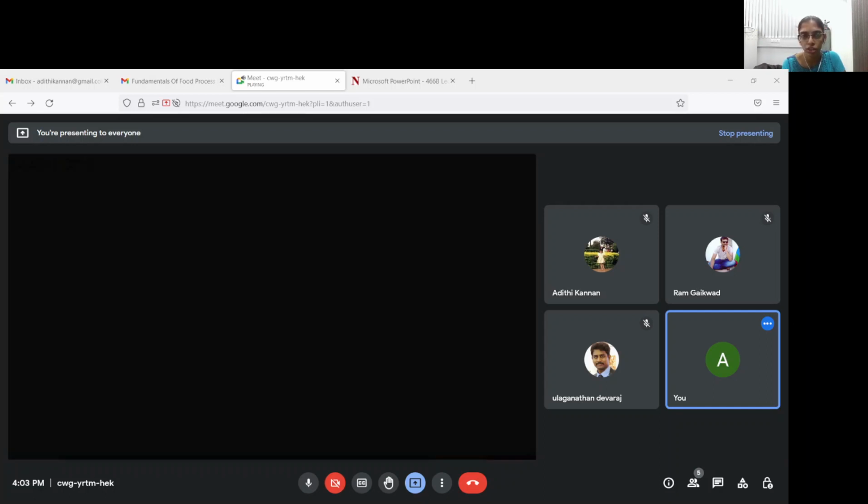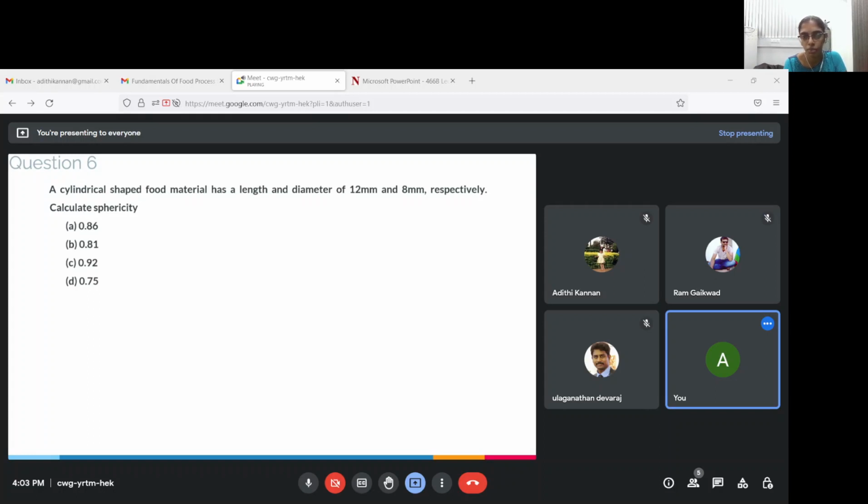So moving on to the next question. The same dimensions: the cylindrical shaped food material has a length and diameter of 12 millimeter and 8 millimeter. Calculate the sphericity of the particle. So sphericity means, since your particle is irregular in shape, it will give you an idea of how close it is to a sphere. So any clue how to calculate sphericity?